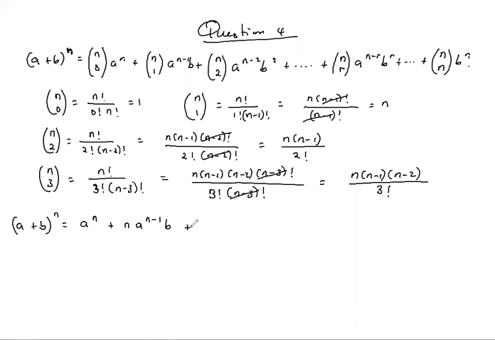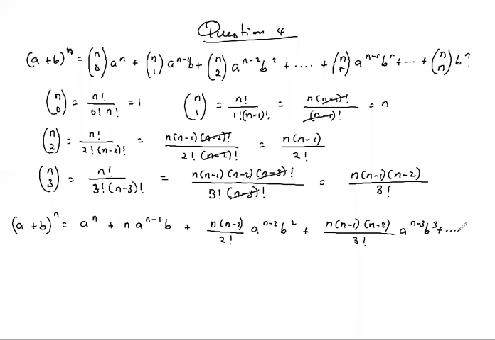Instead of saying nC2, we'll say n(n minus 1) over 2 factorial a^(n-2) b^2. Saying nC3, we just say n(n minus 1)(n minus 2) over 3 factorial a^(n-3) b^3, and it will keep going.